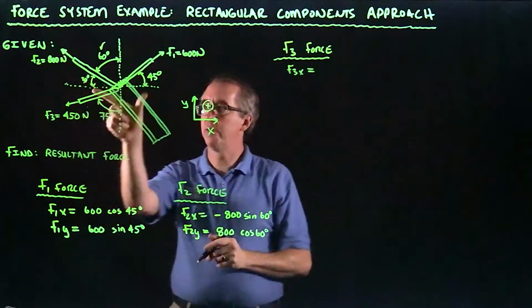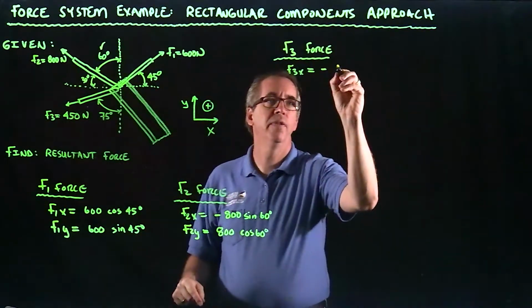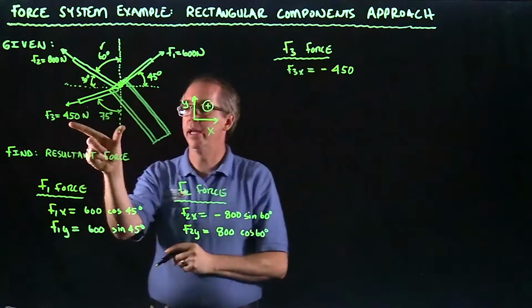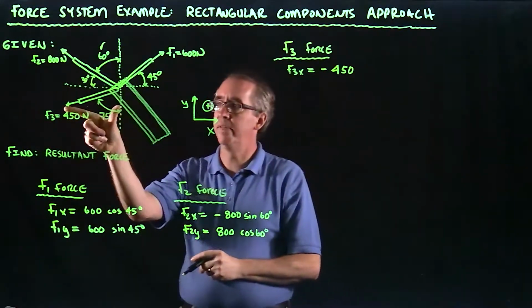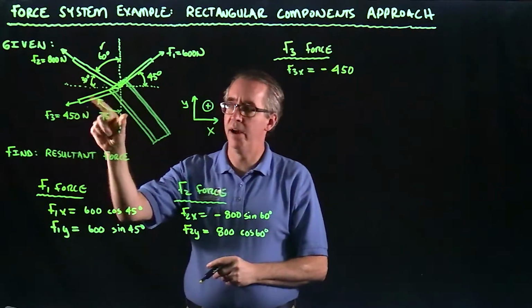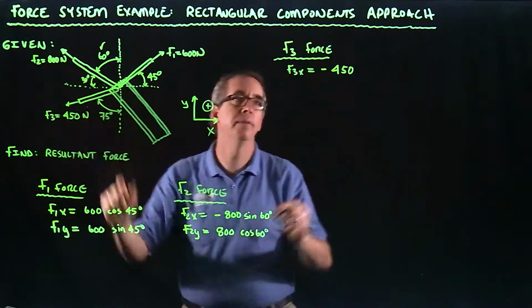Okay, so F3 in the x direction is also going negative. It's got 450, and it has an x component. And again, I'm just going to use the angle that's given here. So for this angle here of 75, the horizontal component would be opposite that angle, or sine.